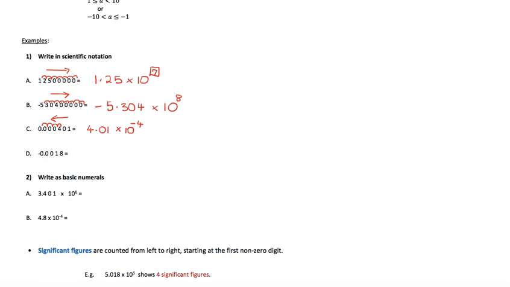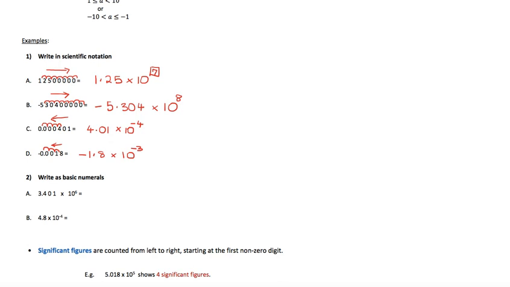Negative 0.0018, again, we've got a negative. I look at the 1 and the 8, so I'm going to write it as 1.8 times 10 to the power of 1, 2, 3, but it's negative because we are going to the left.